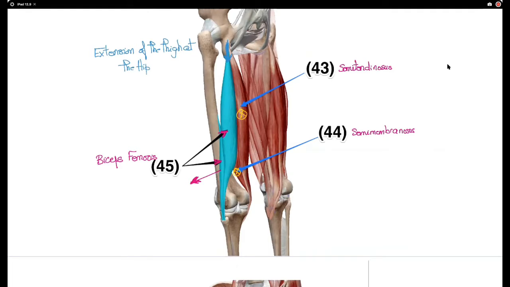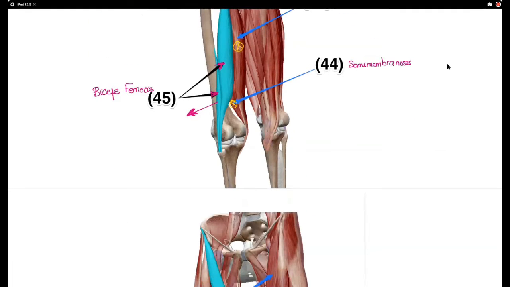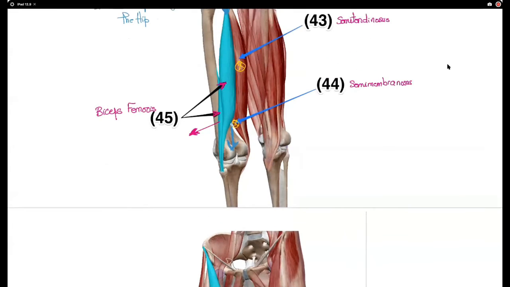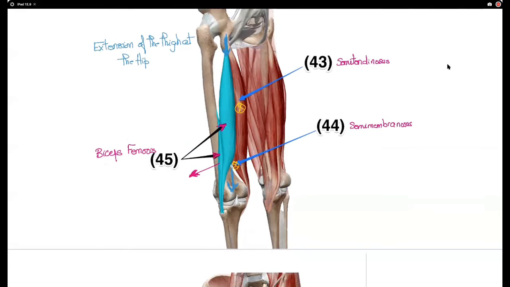And if you notice, all of them are traveling posterior to the knee joint. So they would be pulling the leg to move backwards. What do we call the backward movement of the leg? It's a flexion.